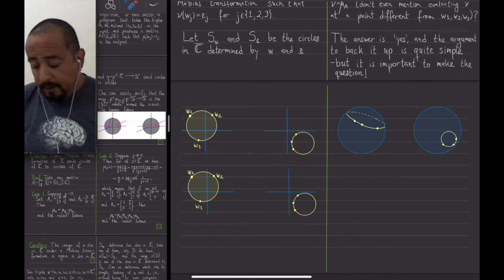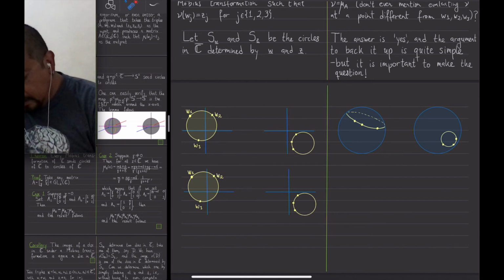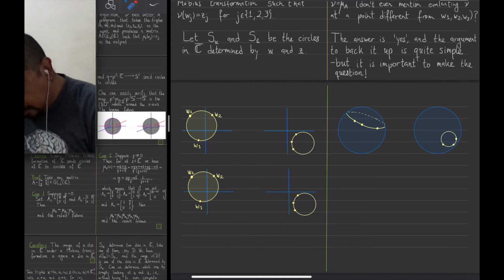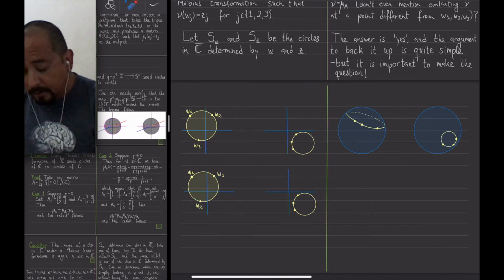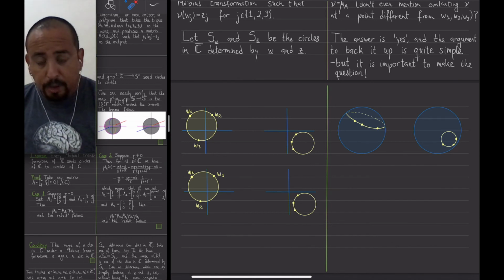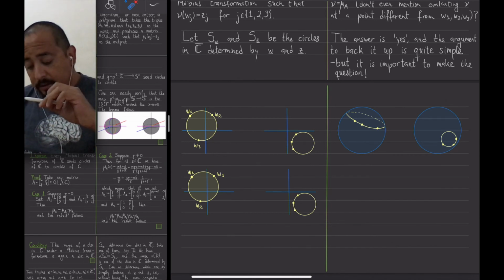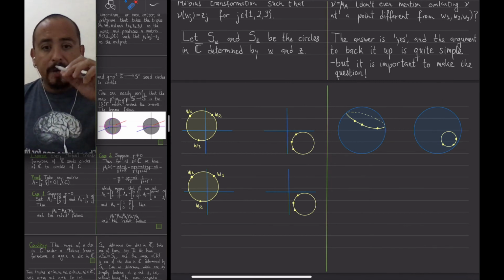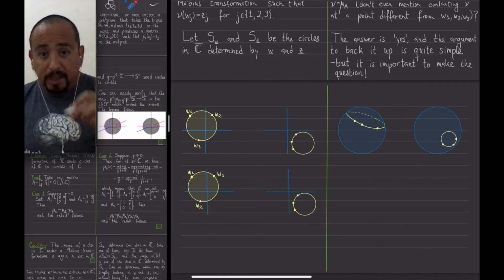Now, when we ask ourselves along the circle determined by W1, W2, and W3, I mean, traverse that circle in such a way that you pass through the points W1, W2, and W3 in order, right?